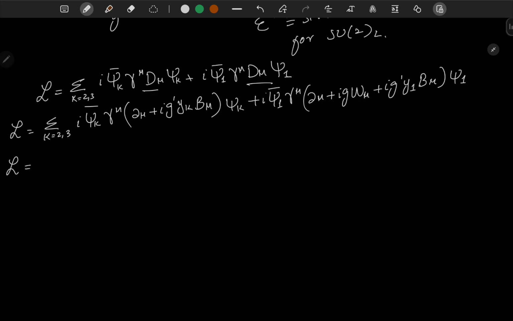So if I expand this, what I will get is psi2 gamma mu d mu psi2 for k equal to 2, plus psi3 gamma mu d mu psi3 for k equal to 3.